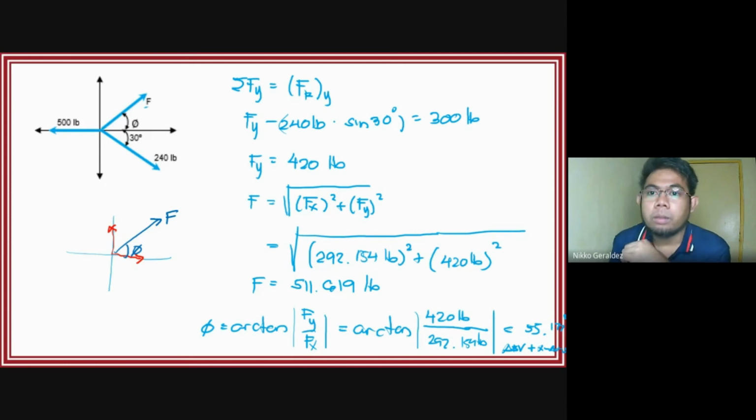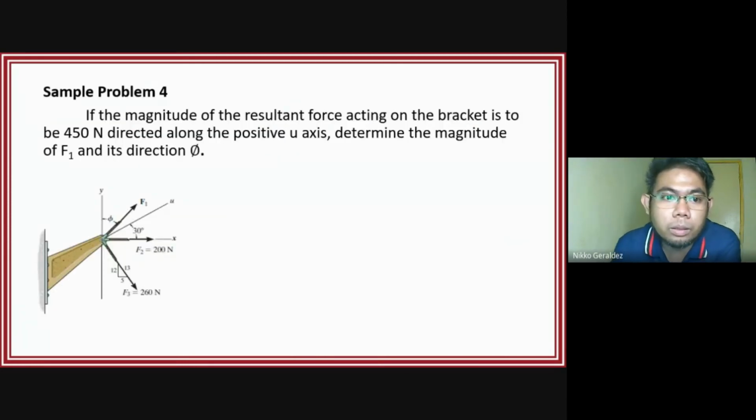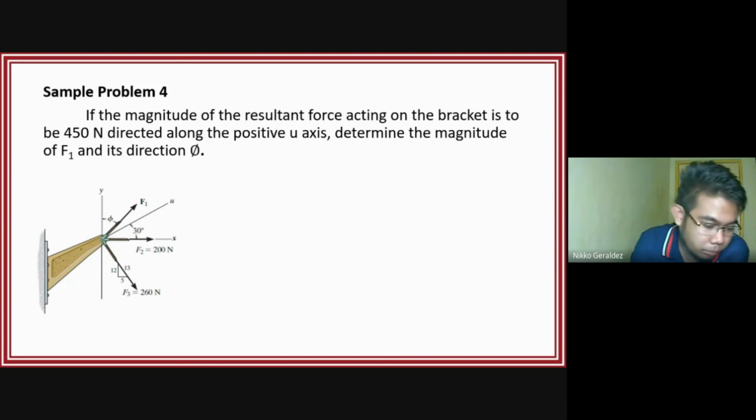So, sample problem number 4. Ganun din. If the magnitude of the resultant force acting on the bracket is to be 450 Newton directed along the positive u axis, determine the magnitude of F1 and direction phi.